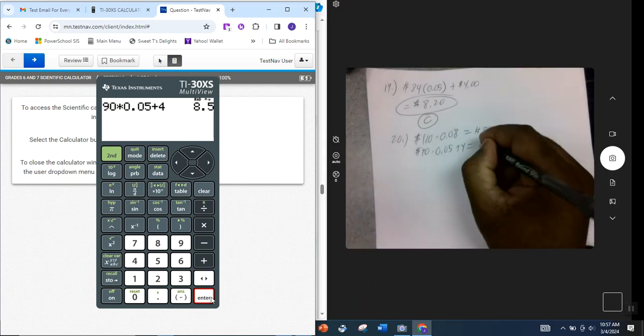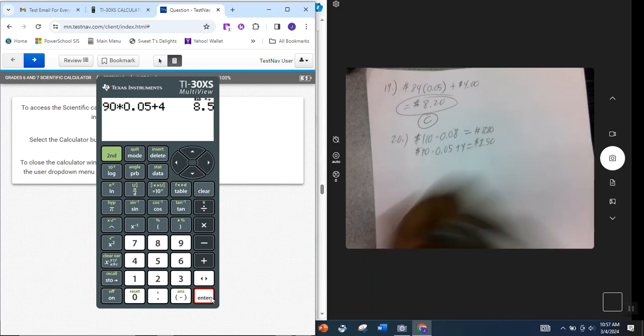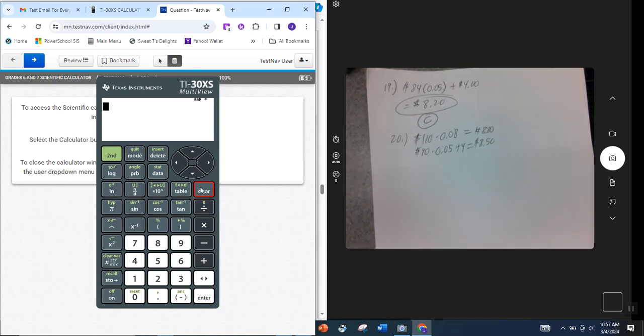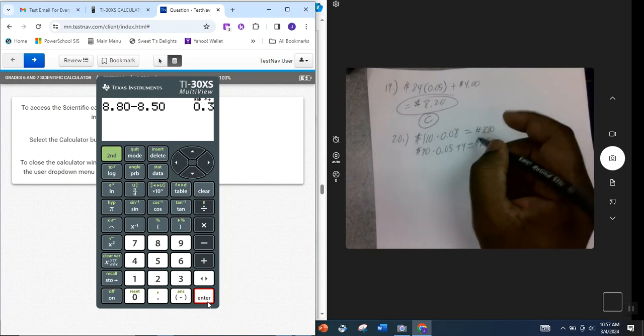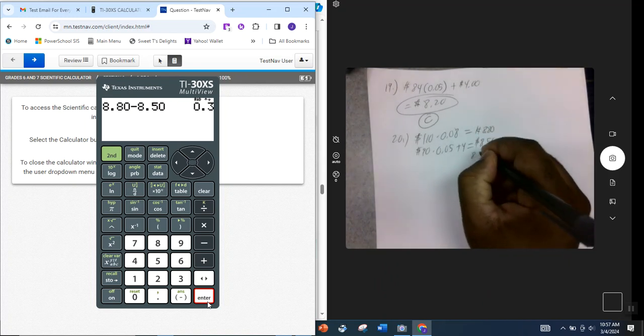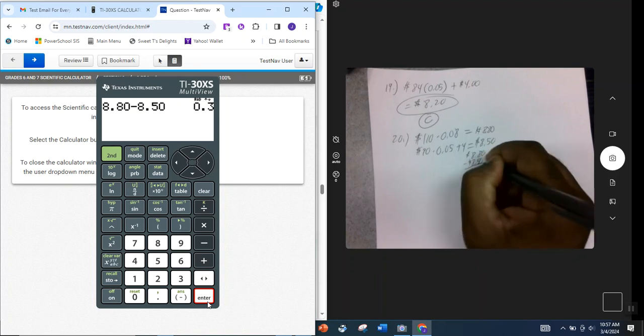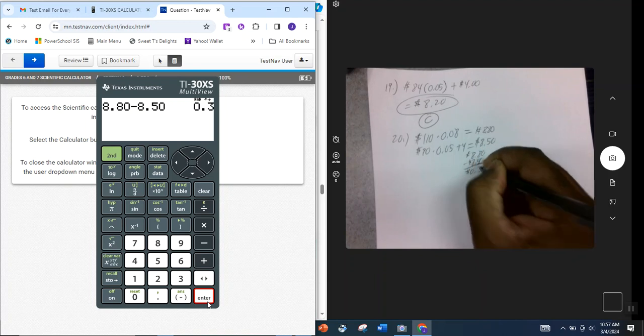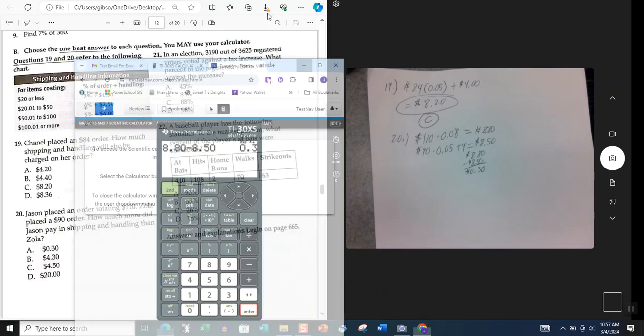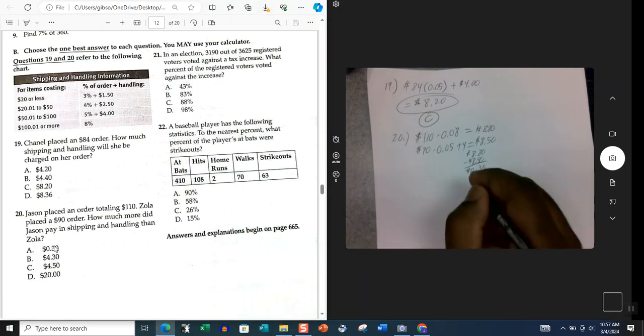That'll give us $8.50. So now we will subtract those two values. $8.80 minus $8.50 is equal to 30 cents. So you have 30 cents left. That's how much more was paid. So your answer here would be A.